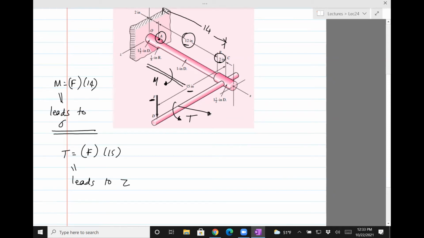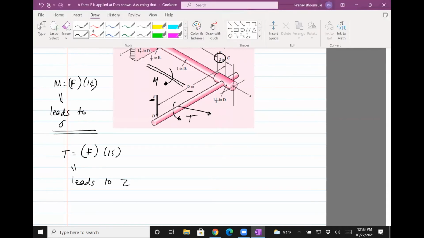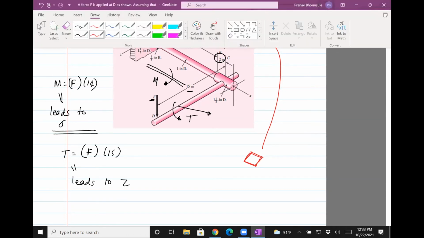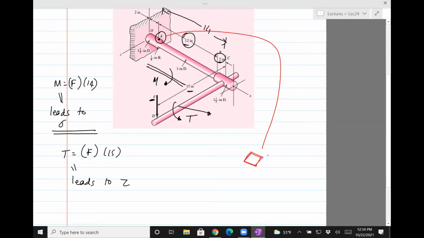Okay, so if we take this point A, we can actually draw the stresses. There'll be a stress in the x direction, sigma x. Torque and a moment. Torque leads to rotation.